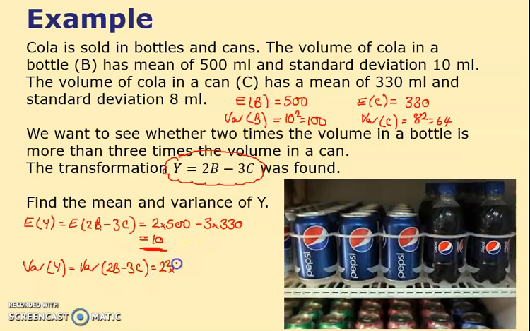That was 100. And this is where you've got to be a bit careful. I'm going to write plus a minus 3 squared. Because when I square this negative, it will definitely become positive. Variance of c was 64. That's where people go wrong on this. Everyone always takes away. But you can see that minus, when I square it, becomes a plus.